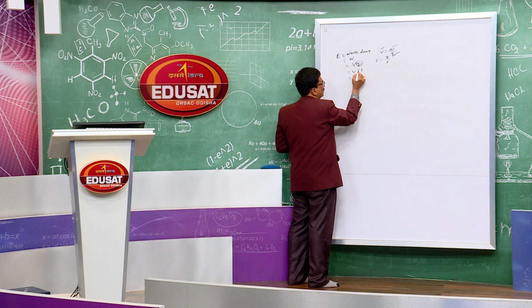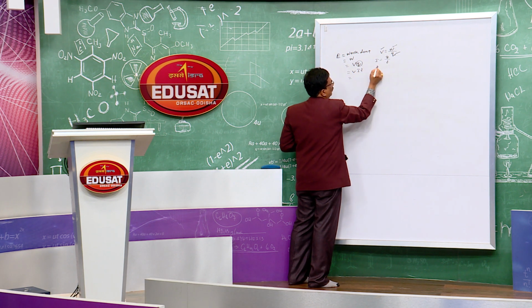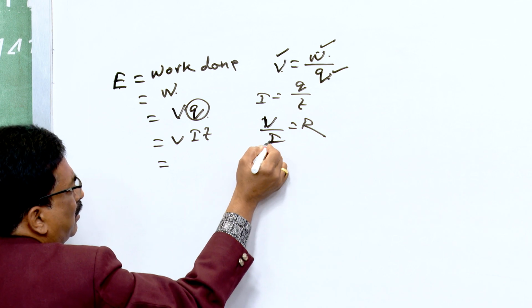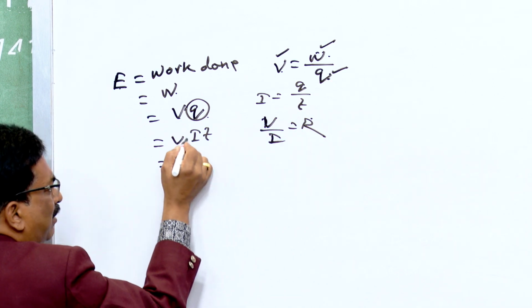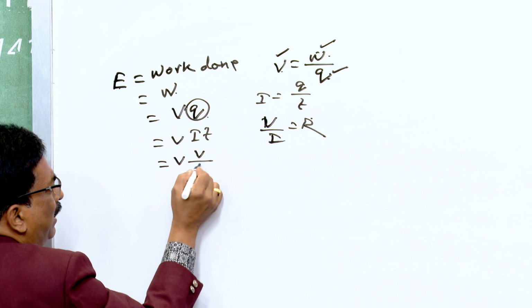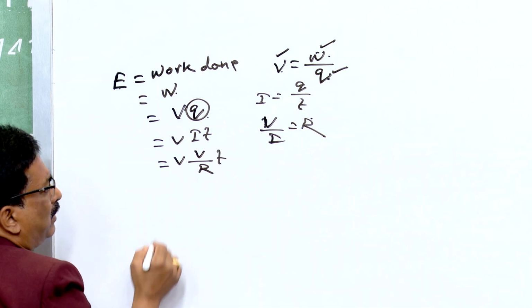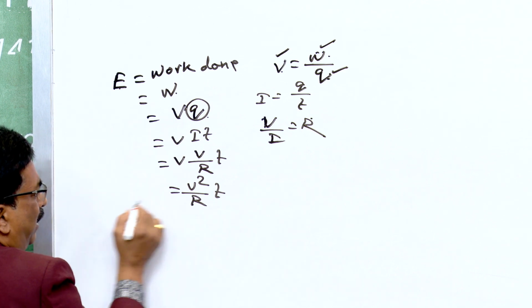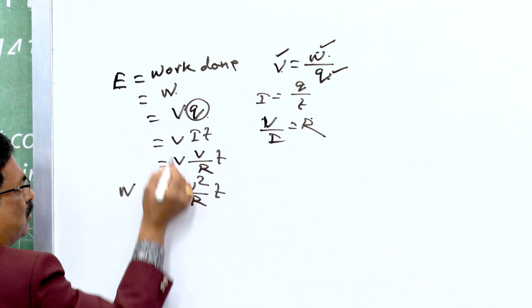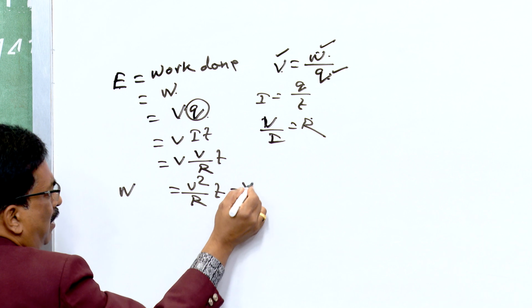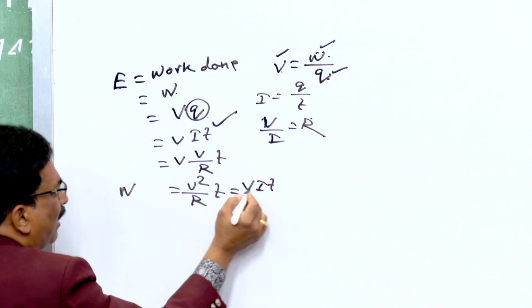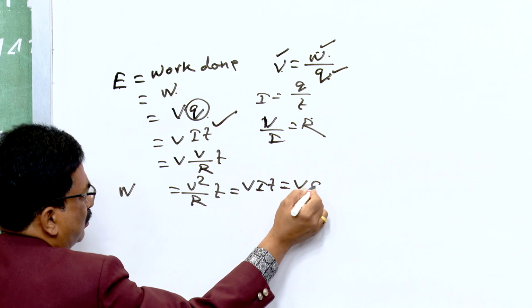Or, since I is equal to V by R, if we put V by R for I, then W is equal to V square by R into T. So W is equal to VIT, or V square by R into T, or VQ.